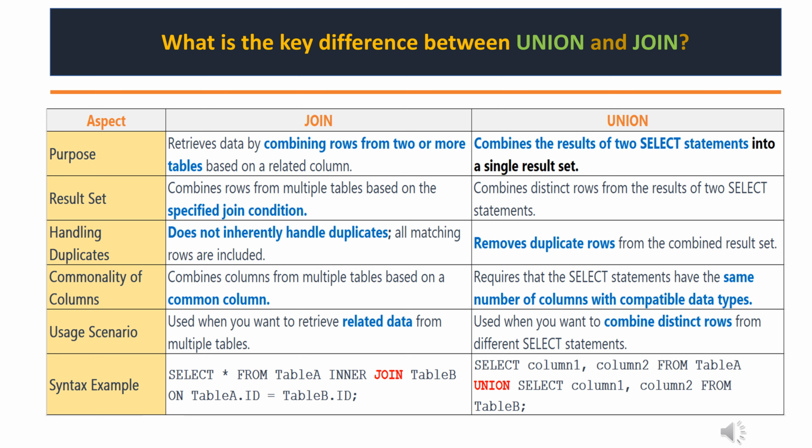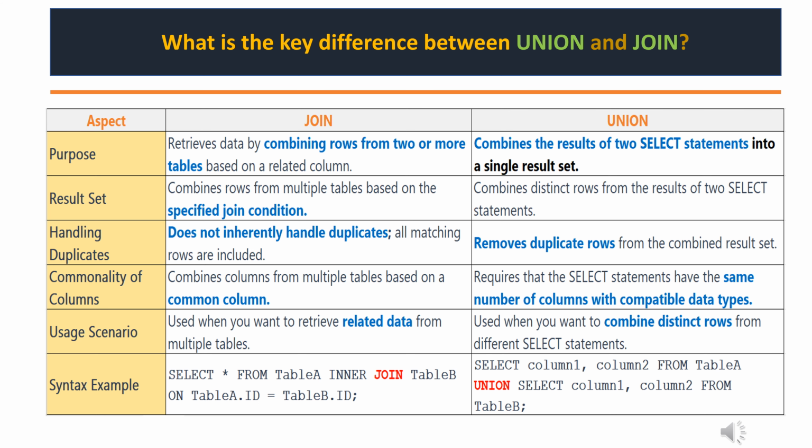Point 4 is related to the commonality of columns. In join, the columns involved in the join condition must be present in both tables. And in the case of union, it requires that the select statements have the same number of columns with compatible data types. Point 5 is more about the actual usage scenarios.